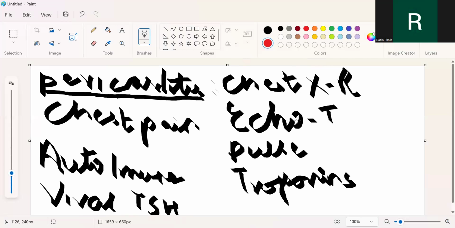Soon after the patient presents with pericarditis, what would be the treatment? Now let's move on to our essential component of the video, and that would be treatment.